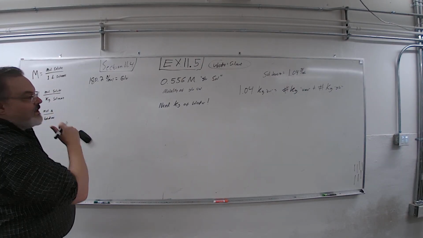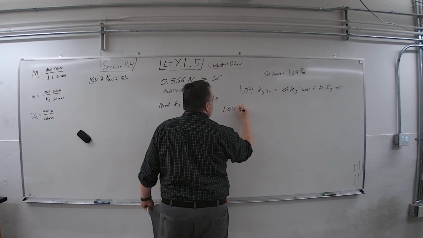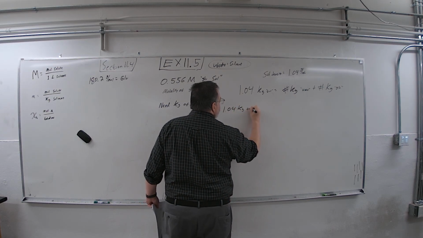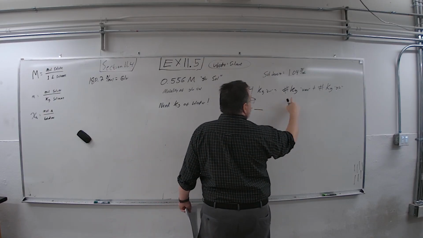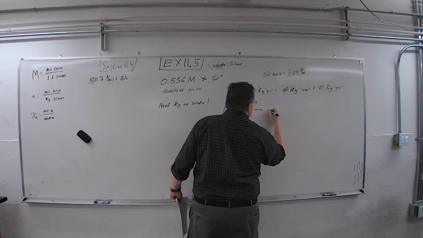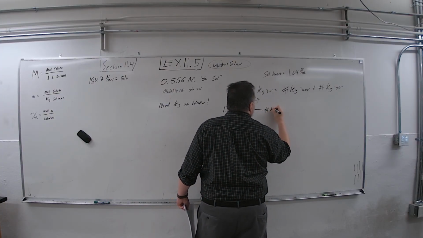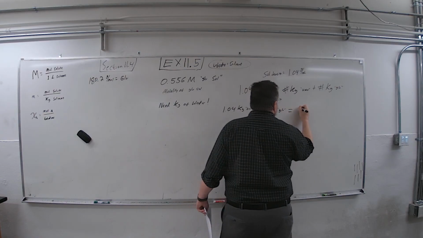All right, to figure out the grams of glucose, the kilograms of water is 1.04 kilograms of solution minus, we subtract from both sides, the kilograms of glucose.